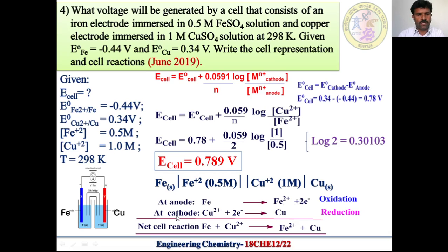At the same time, at the cathode, the copper 2 plus ions present in the solution react with the available electrons and become neutral copper. So in the net cell reaction, the electrons cancel: Fe plus Cu2 plus gives Fe2 plus plus Cu. This is the net cell reaction. So this is about problem number 4.